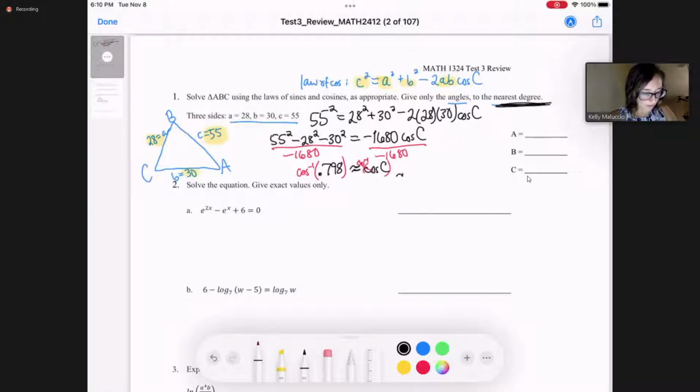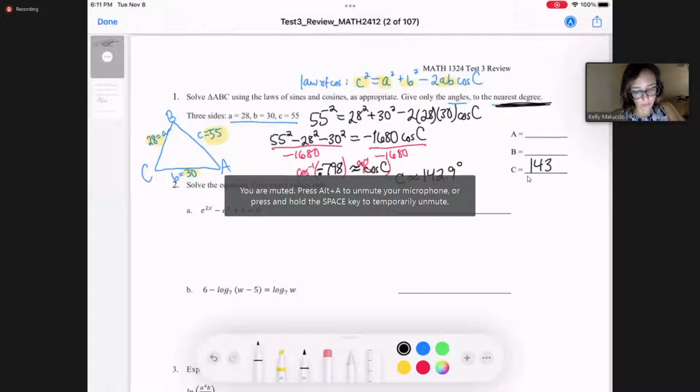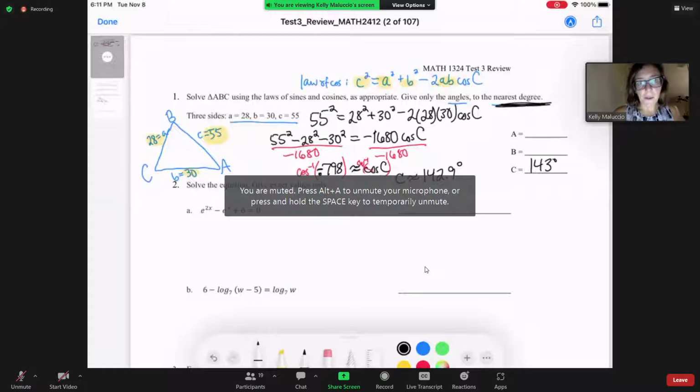And then I get that angle C is approximately, oh, and this is negative. I think the sign was negative, yeah. So it was approximately 142.9 something, but we're going to round that up to 143. So we could fill that in right away, 143 degrees.